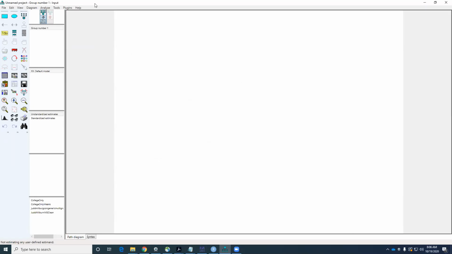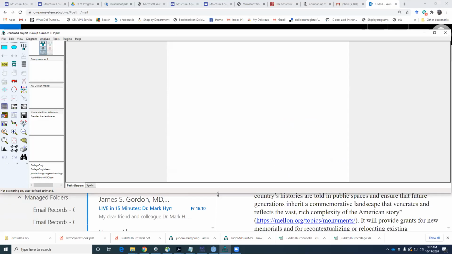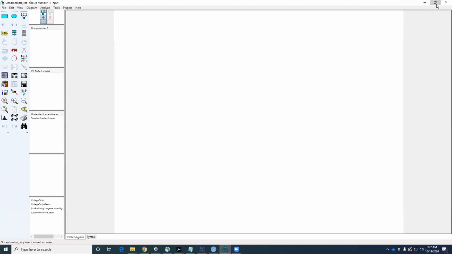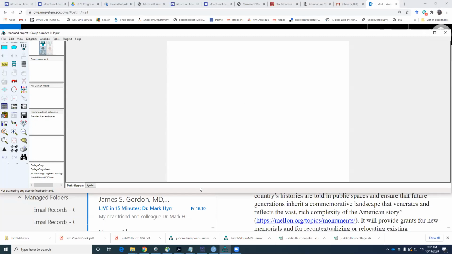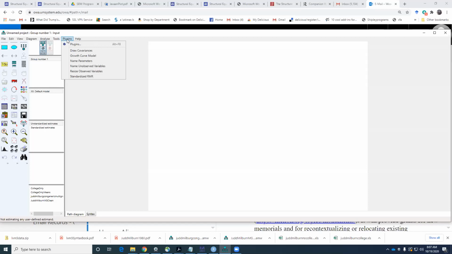If you're playing with Onyx, I'm sorry, if you're playing with Amos, it has a small tool over here in the upper left-hand corner where there's a plugin called Growth Curve Model. And that works really nicely. It'll draw your growth curve model for you.